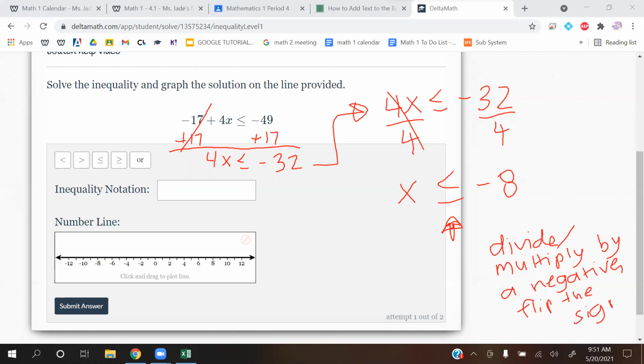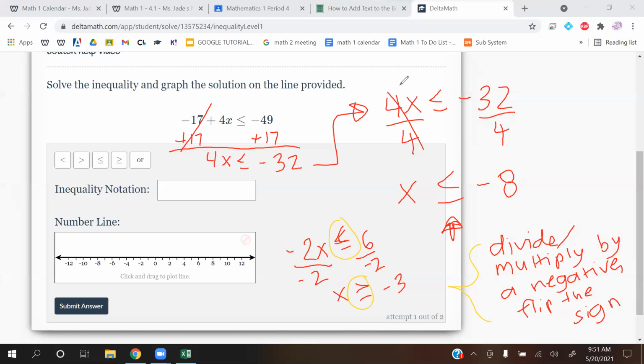Just a little reminder. So for example, if I have negative 2x is less than or equal to 6, if I divide by negative 2, x will then be greater than or equal to negative 3. Notice the sign has flipped from a less than or equal to a greater than or equal to.